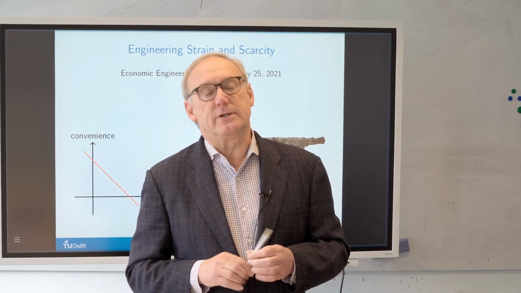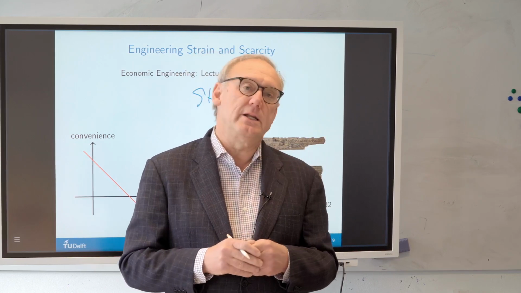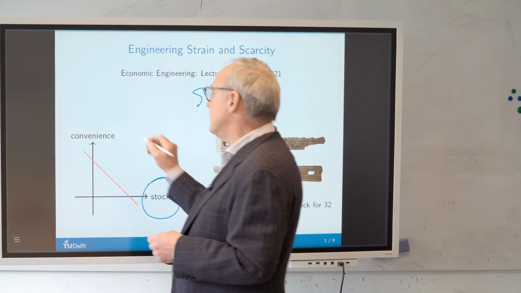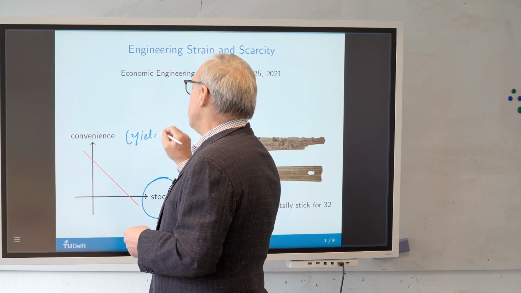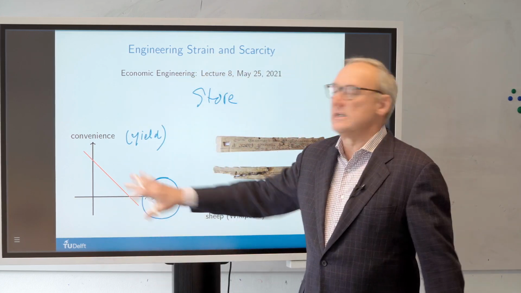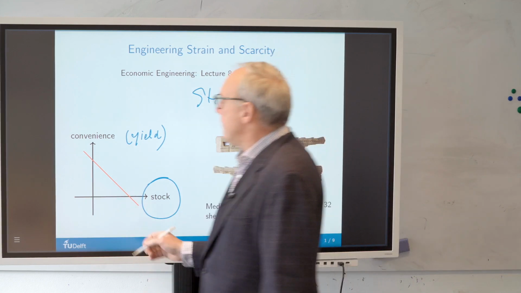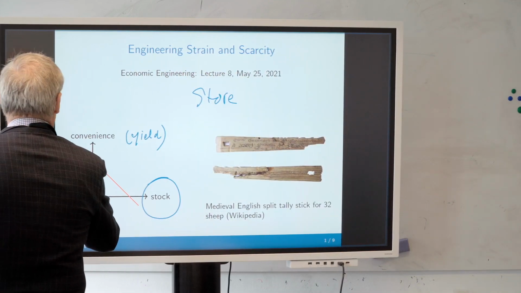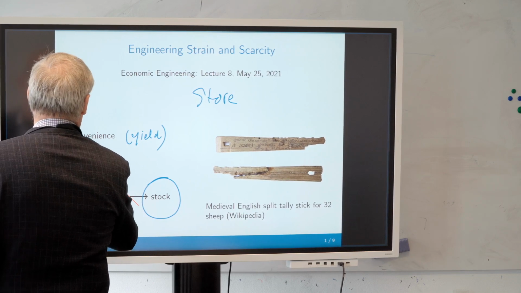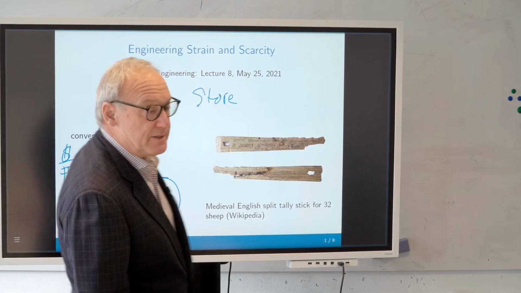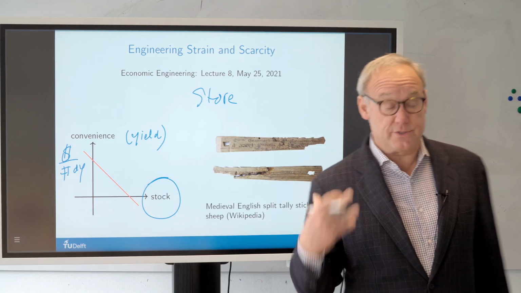Now, the benefit you get out of it is what is called the convenience, and sometimes called the convenience yield. But in the old days, the convenience yield was this in terms of money per item per, say, day of convenience that you get. So we see it as a force, right?